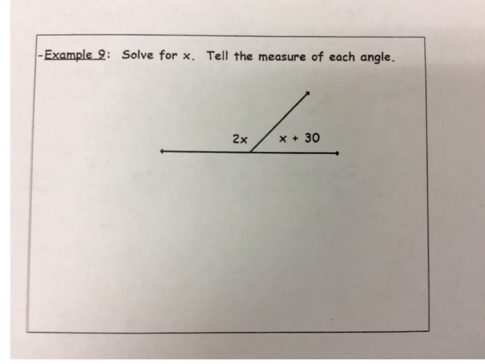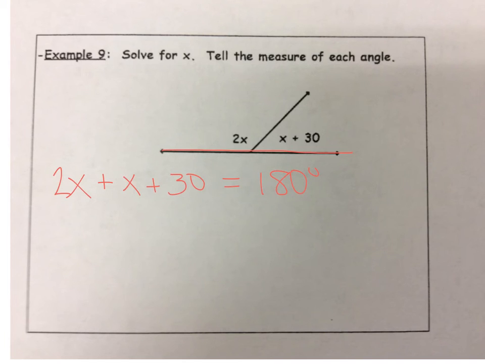Now, last example. We want to solve, and we see that this is a straight line, which means these two angles have to equal 180 degrees, meaning they're supplementary. So 2x plus x plus 30 has to equal 180 degrees.